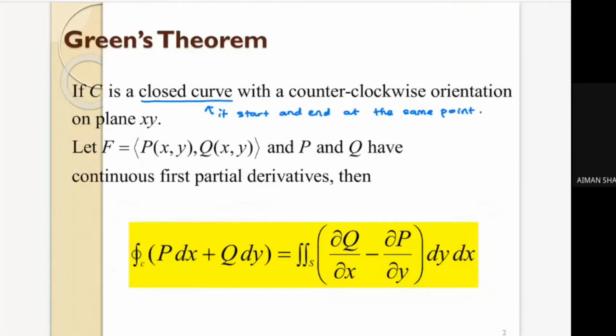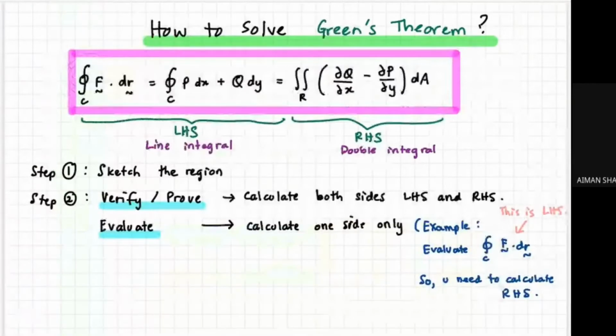This is your left hand side and this is your right hand side. This is a line integral with a single integration, and this is your surface integral with a double integration. This is the most important part of this subtopic: how to solve using Green's theorem.